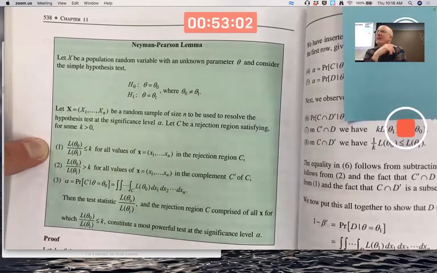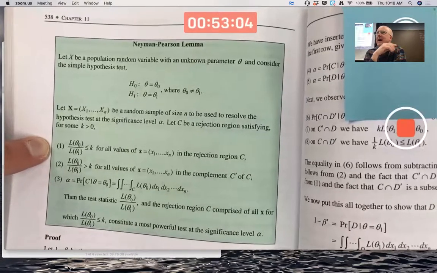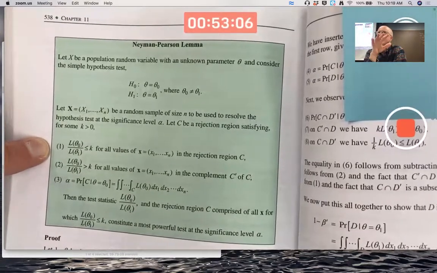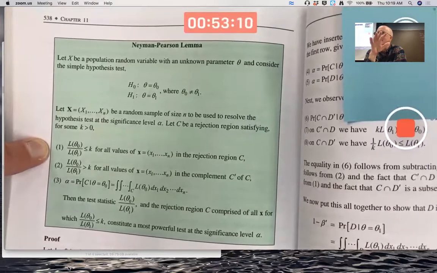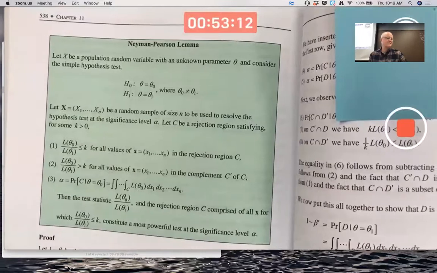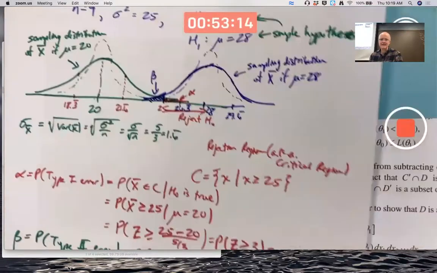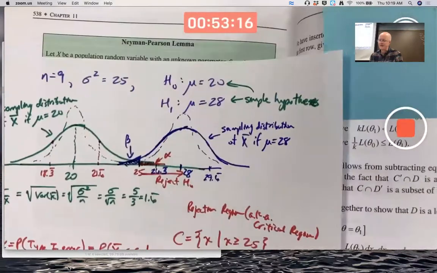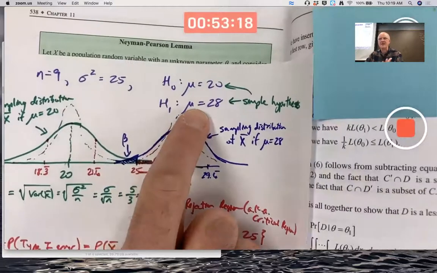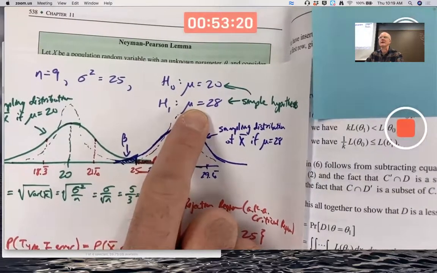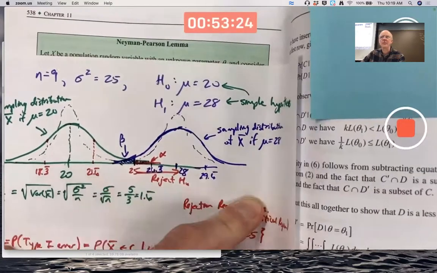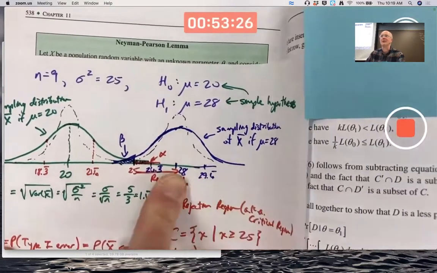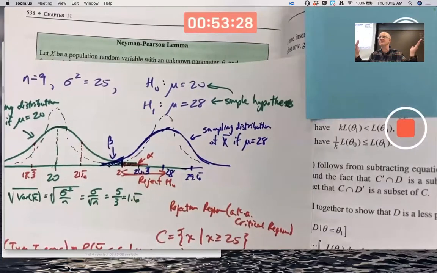The funny but good thing about this, how it works out in particular examples, is that it confirms what you might say is the obvious. It confirms, for example, when you're doing this kind of test, which effectively is like a right-tailed test because 28 is bigger than 20, that your rejection region should be to the right of some number, not to the left of some number, for example.